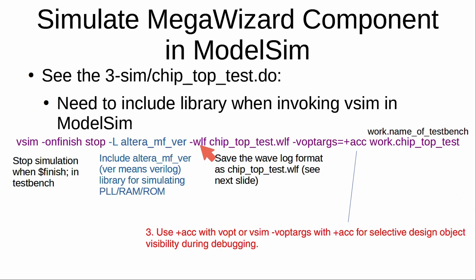And for this WLF, it is for saving the output of the waveform so that we can view it later without any resimulation. And these optional arguments are to increase the visibility during debugging. And lastly, we specify the name of our test bench, which is chip-top test in this case.